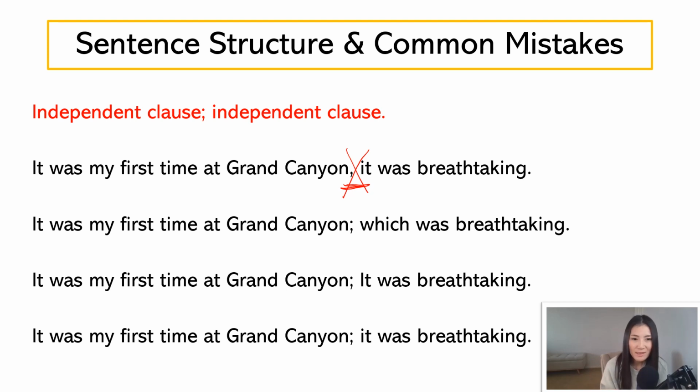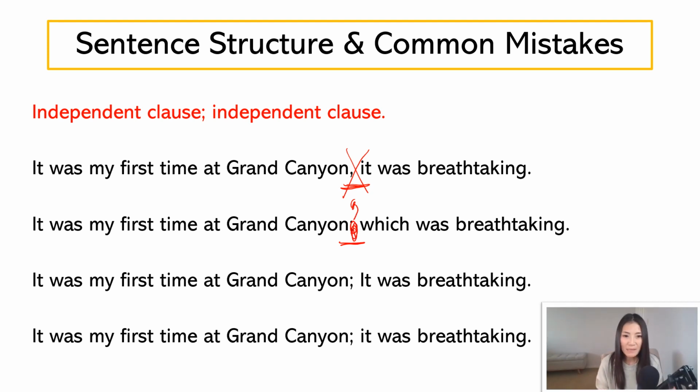The second sentence says, "It was my first time at Grand Canyon; which was breathtaking." What do you think is wrong with this sentence? So right here, instead, if you want to keep the exact words of this sentence, it's going to change to a comma.